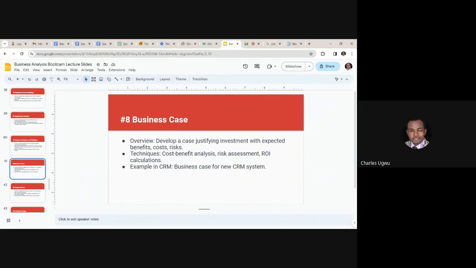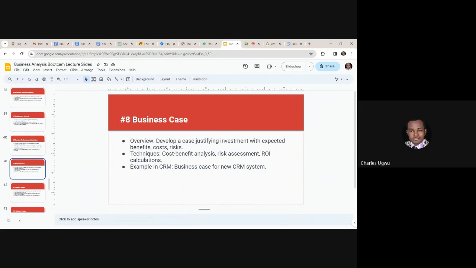Mainly you will be using the cost-benefit analysis, but at this stage you put everything together, both the requirements and the analysis you carried out to come to this conclusion. You must compile everything in one document to justify to the stakeholders or business leaders that this investment is viable and that we should carry it out. And you must recommend up to three solutions you've analyzed for them to choose one. That's what we call a business case.